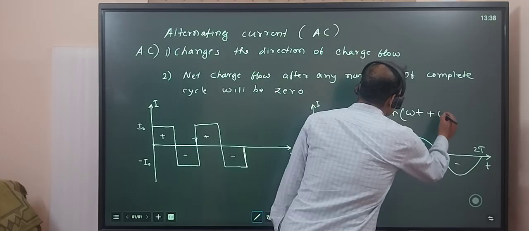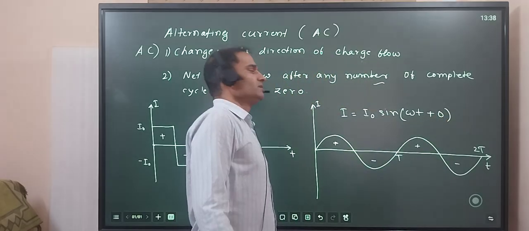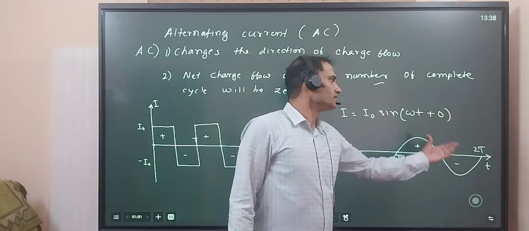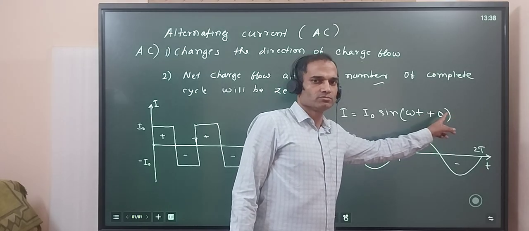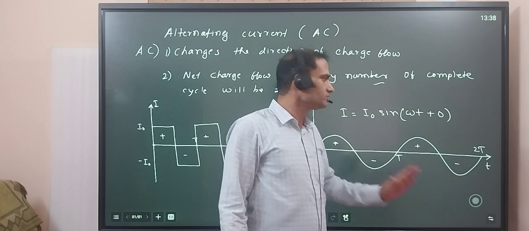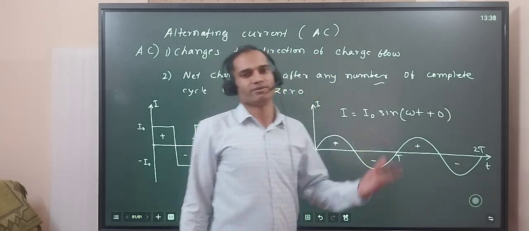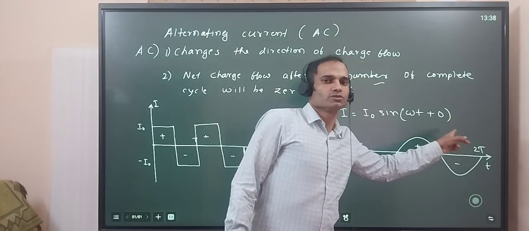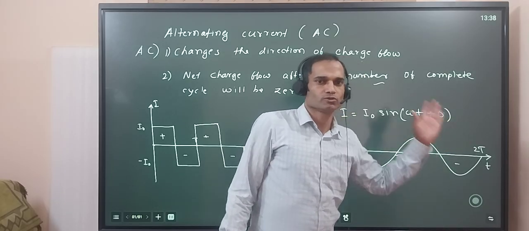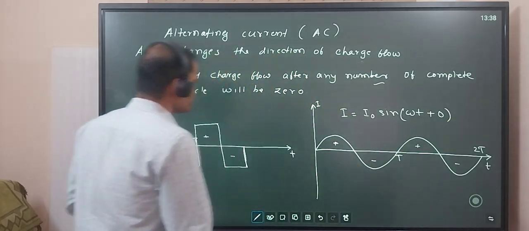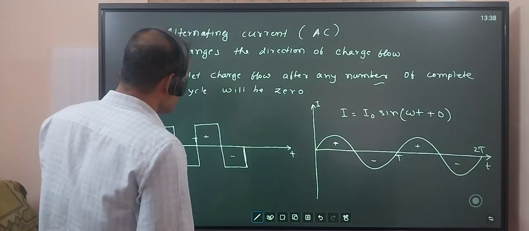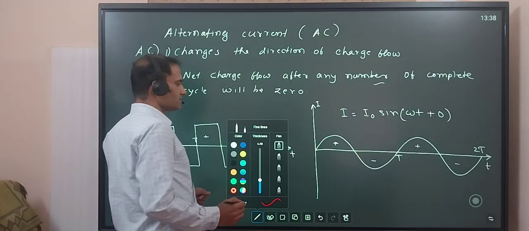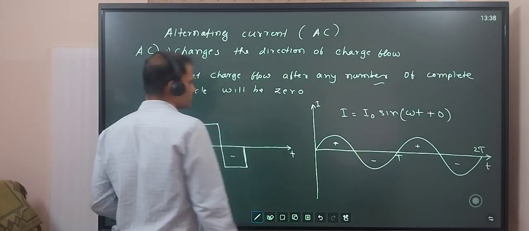This angle is called the phase, the total phase angle. Here the 0 is the initial phase angle, in this particular case. Instead of 0, it may be pi by 2 also, it may be pi by 4 also. So I will show you an example. I can use the same graph to show the cosine one.